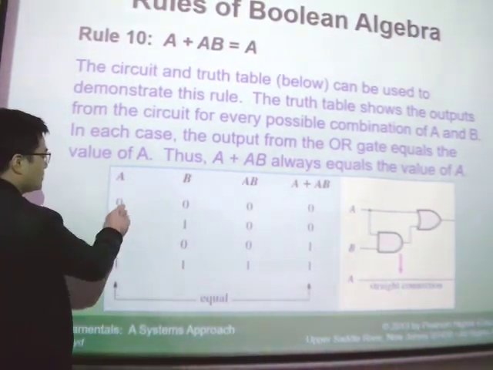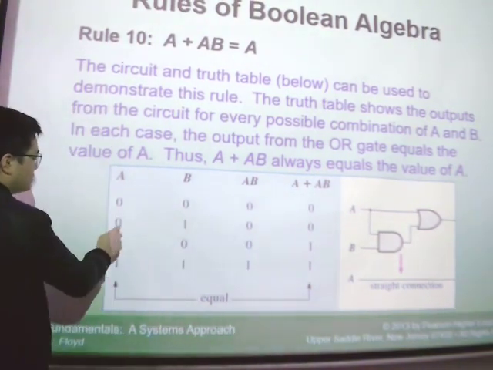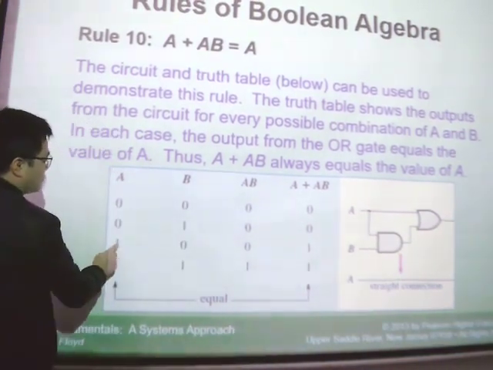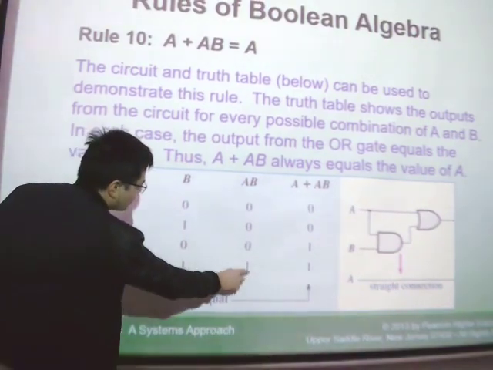So 0 and 0 equals 0. 0 and 1 equals 0. 1 and 0 equals 0, and 1 and 1 equals 1.